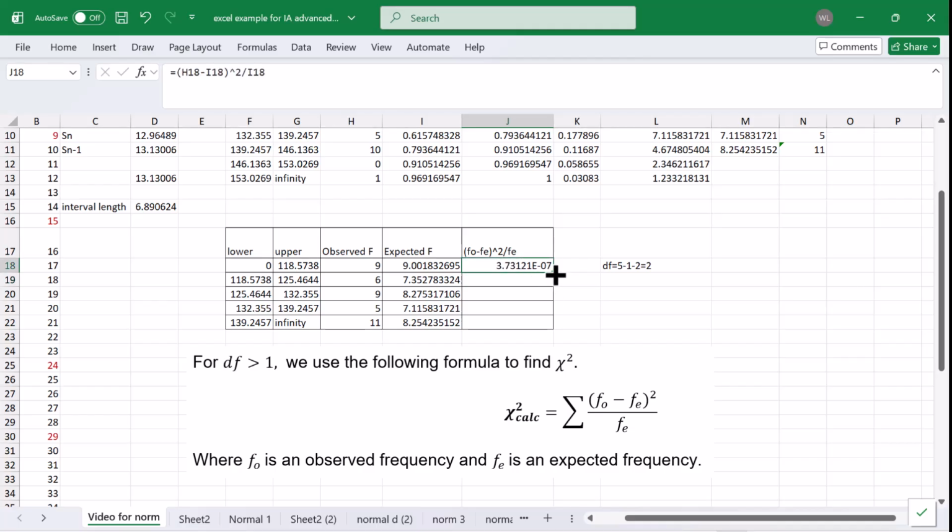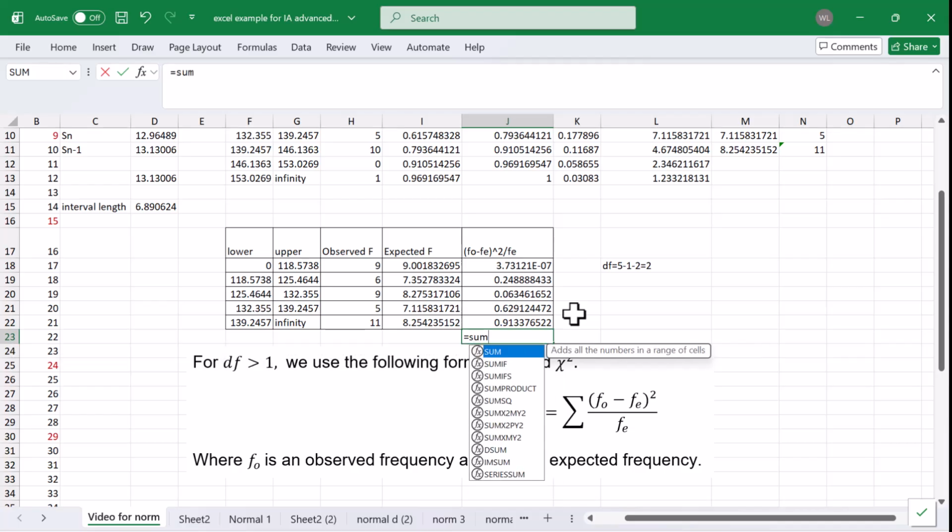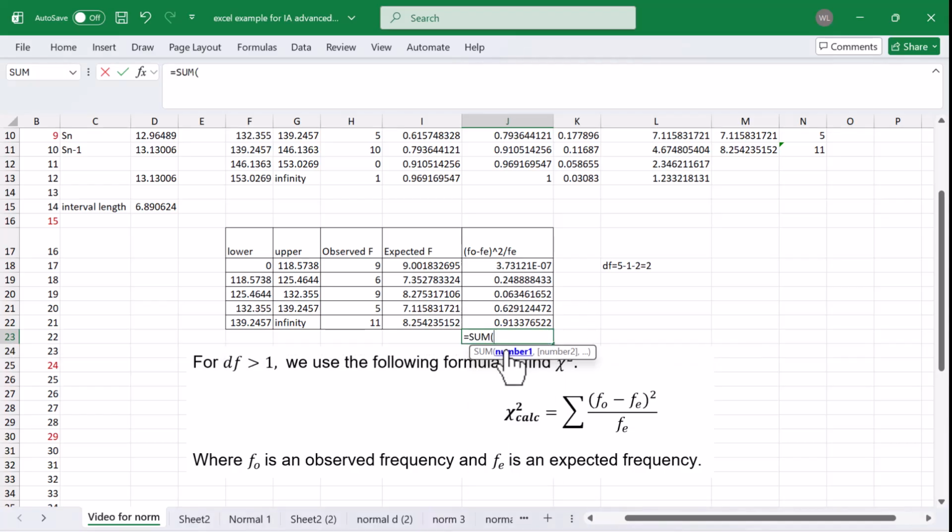Then pull this down. We will get sum of these values. Sum. Then highlight this 5 data. Enter. We got chi-squared equals 1.85 as 3 sig figs.